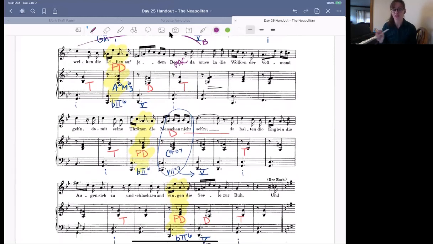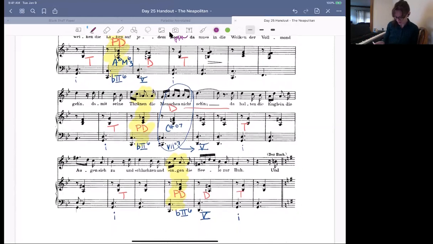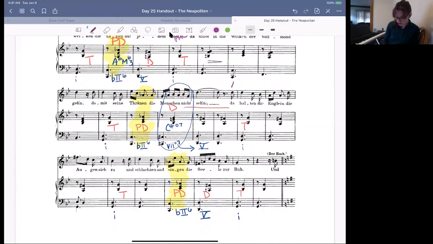I'm not suggesting that this is a formal label for this page. The piece is much longer. But just for today, let's go with it. And then we return to A material here. And again, we get a 4+4, and we end with a nice cadence in G minor.